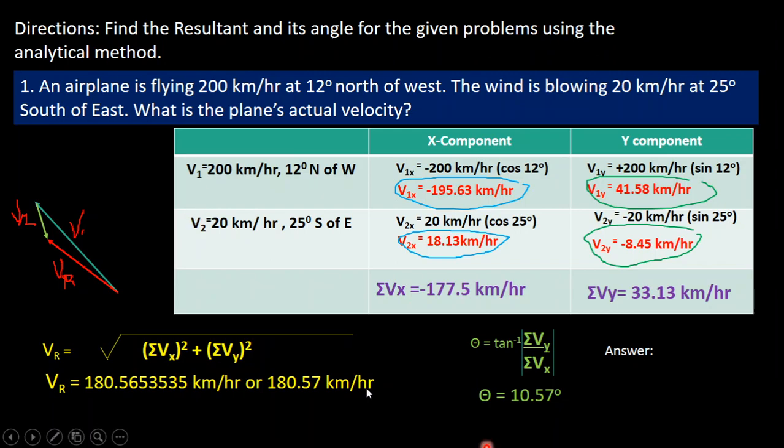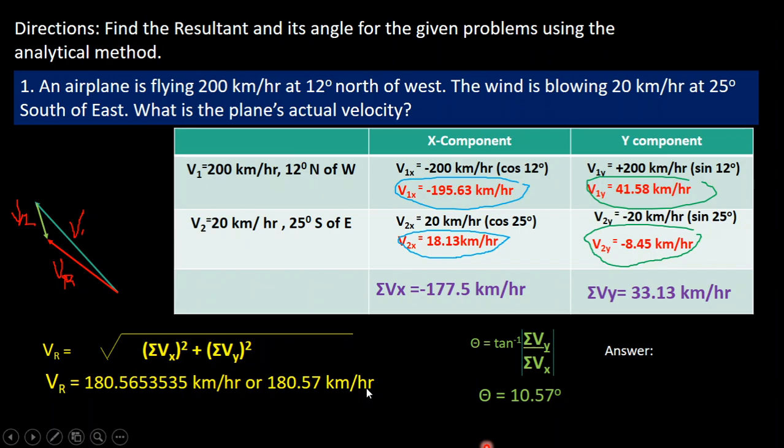Next would be the angle. For the angle, just simply use this formula. There will be another session on how, when, and why we use tangent or cotangent in finding the angle. But for now, just simply copy this.